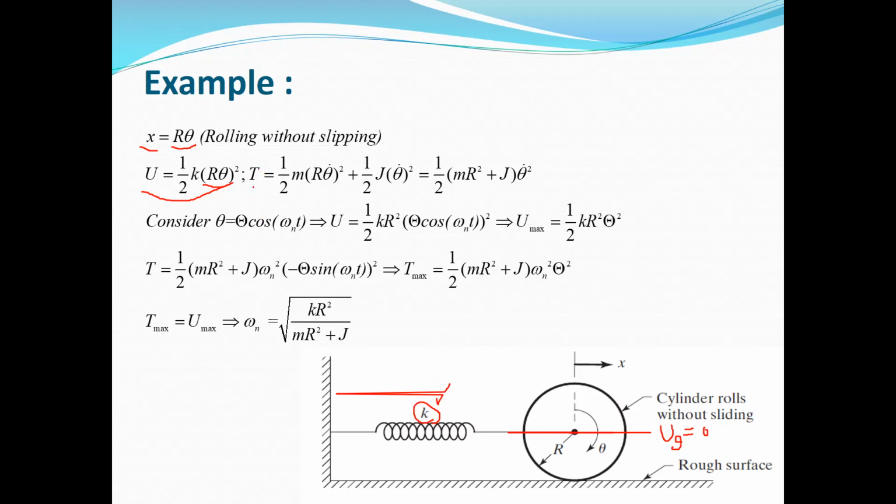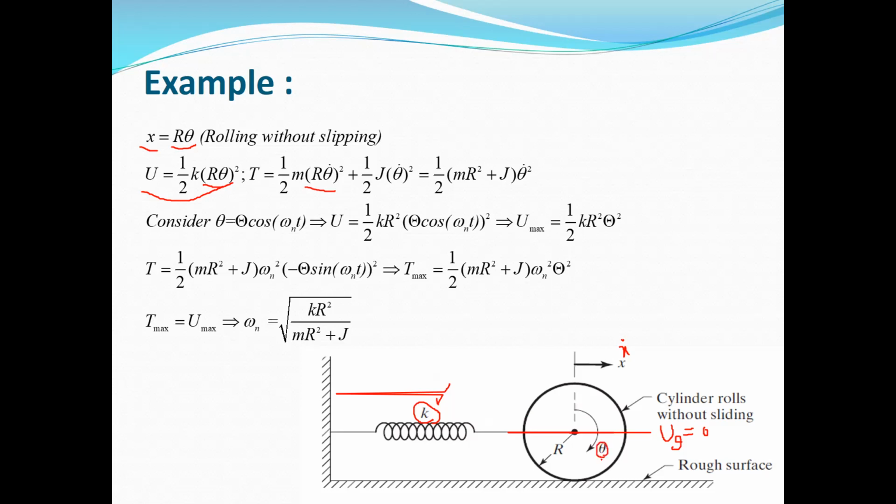For the kinetic energy, as I told you, we will have half times mass times the velocity of the mass center squared, where the velocity of the mass center is x dot, and x dot is equal to r theta dot. So T is equal to half m r squared theta dot squared plus half times the mass moment of inertia about the mass center times the angular velocity squared, where the angular velocity is theta dot.